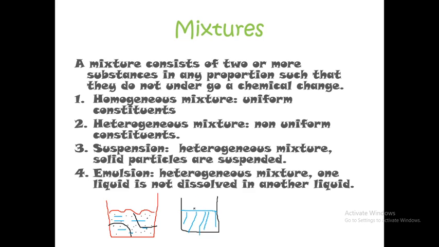And in this water you have added kerosene. So what happened? It will form an emulsion. How? Because this water is not going to mix with this kerosene, so it is an emulsion. So this is a heterogeneous mixture. This kerosene is not uniformly distributed in the water. So this is an emulsion.